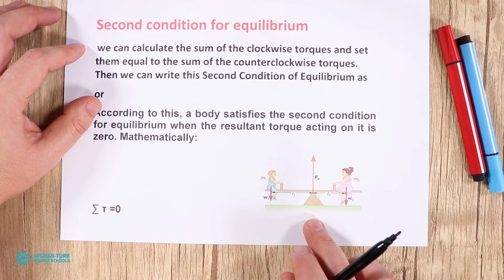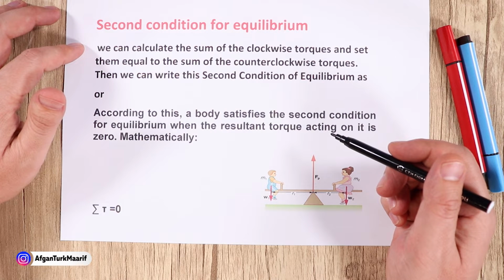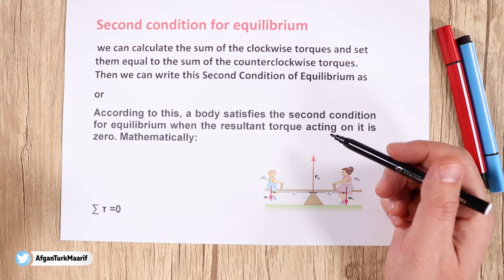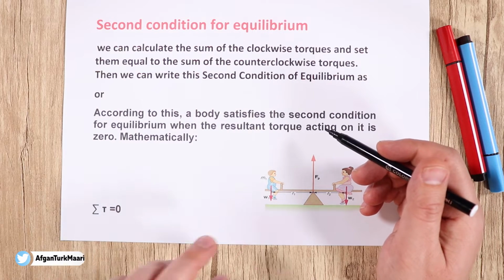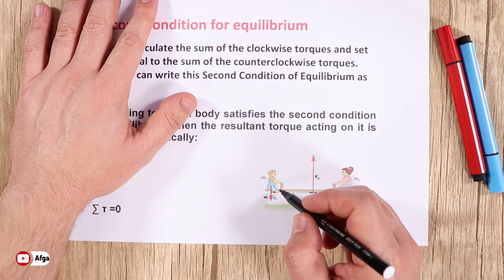Like here in the simple picture, as I told you when we discussed the simple condition of equilibrium. Here in this seesaw, torque is produced.